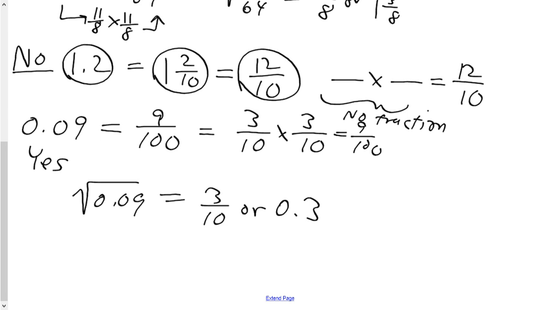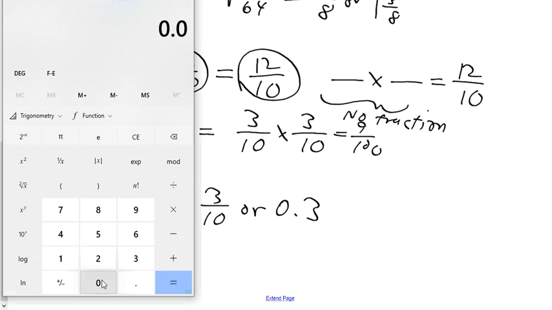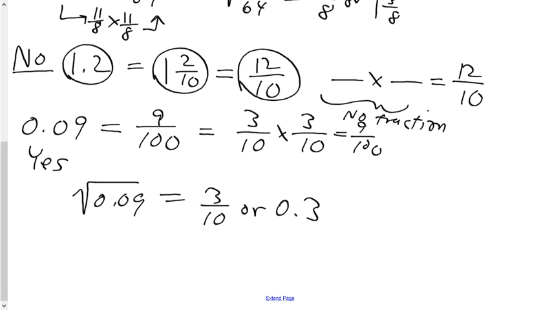And just to double check our work, I'll grab my calculator and say, what is the square root of 0.09? If I press the square root button, which exists right here, right below the square button, it should say 0.3. And it does. Okay? So the square root of 0.09 is 0.3. Any questions on those two?